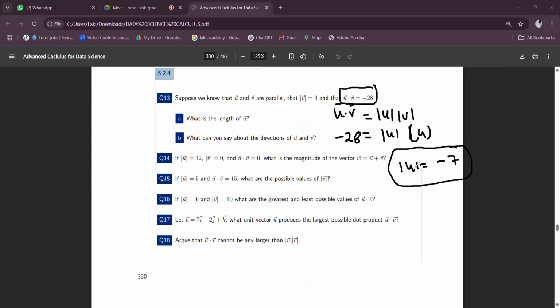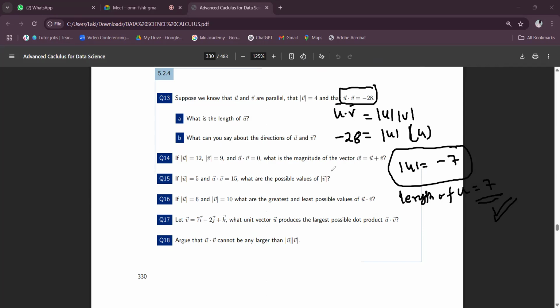That makes sense. But mod u represents what? The length, or distance, of u from the origin, and the length is never negative, so ignore the minus sign; it will be 7. Your result comes out negative, but the actual magnitude is plus 7.